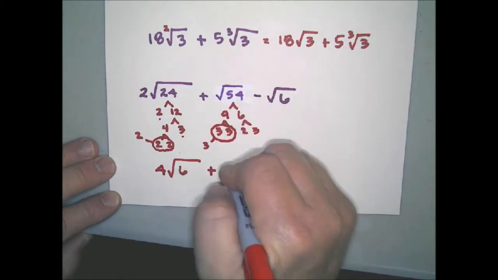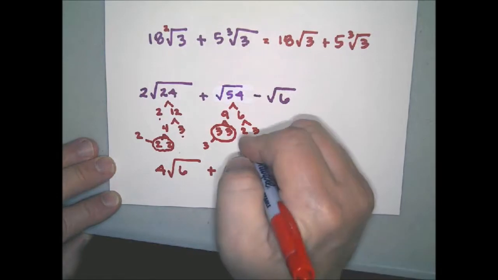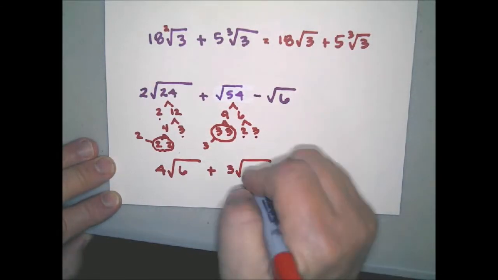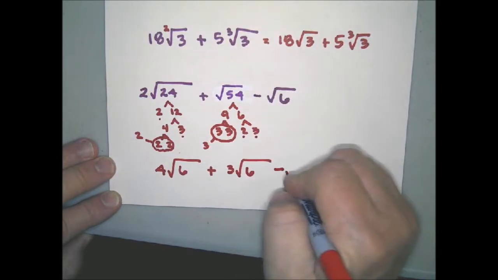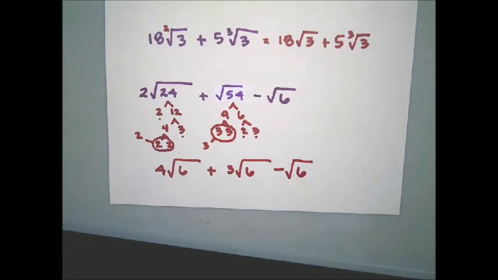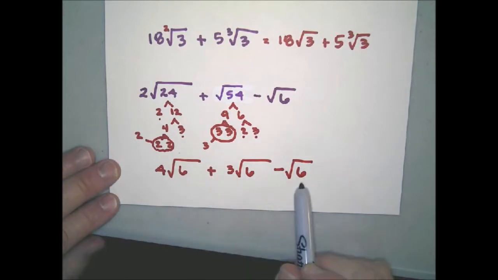And there's nothing else out there, so it's 3 square root. And then what didn't come out? That 2 and that 3. So that's 3 square root 6. And now this really can't get simplified down. And now here's our simplified terms.